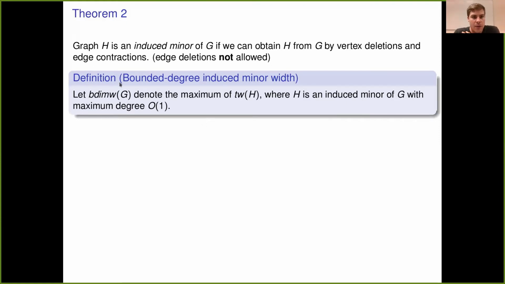And now I define a completely new graph parameter, or at least I don't know if this is somewhere in the literature, that I call bounded degree induced minor width.